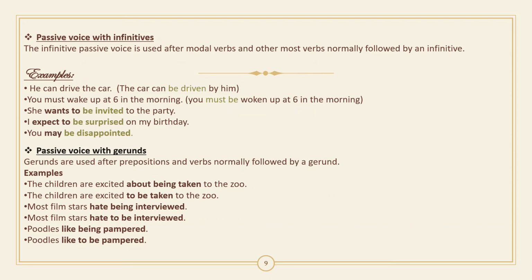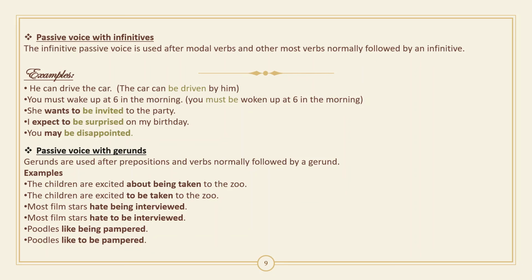Passive voice with infinitives. The infinitive passive voice is used after modal verbs and other verbs normally followed by an infinitive. He can drive the car. So can is a modal. That's why, instead of using different be verbs like am, is, are, was, were, we are not using a different form.